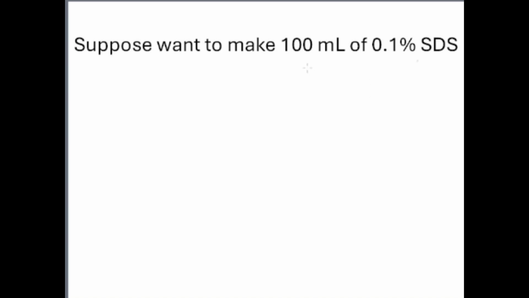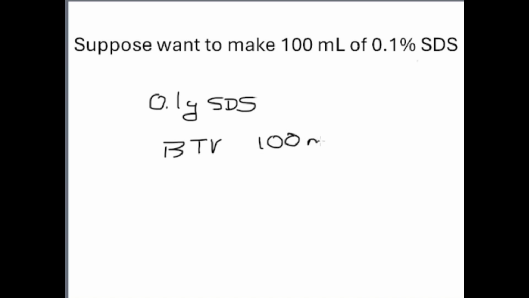So let's suppose you want to make 100 mils of 0.1% SDS, as one would do. This is part of the RIPA buffer recipe. Well, that's simply 0.1 grams of SDS. So you'd weigh that out on a balance, dissolve it in water, and bring it to a volume of 100 mils. BTV, bring to volume. Okay, that seems pretty straightforward.